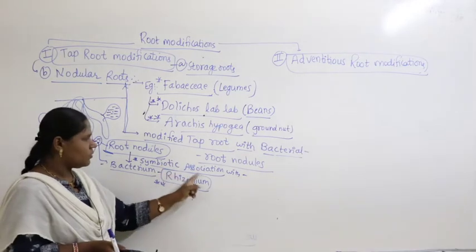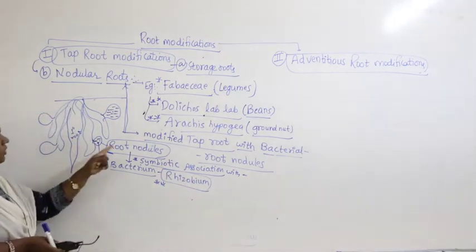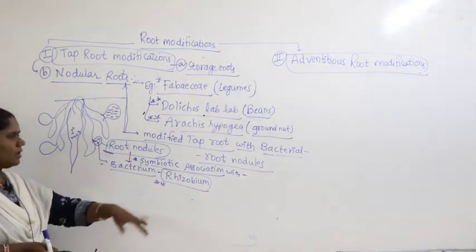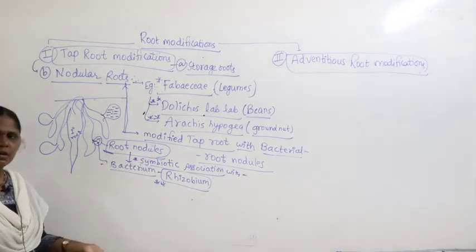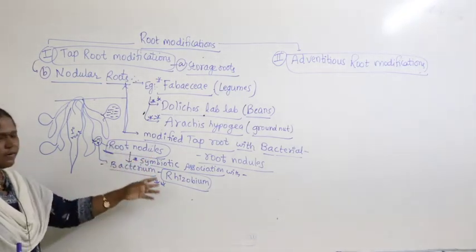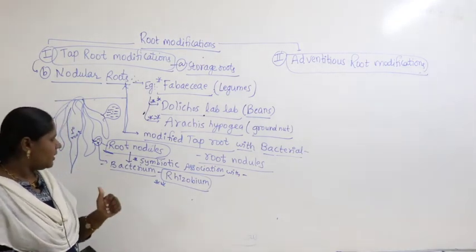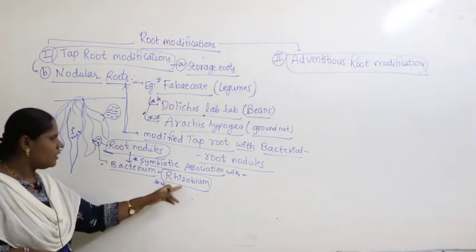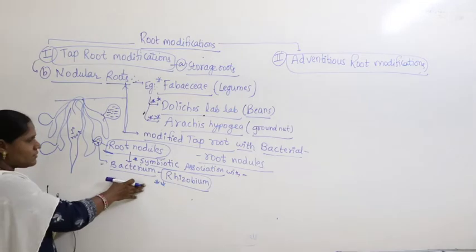Then how do you think the root nodule is benefited from Rhizobium? And how is Rhizobium benefited from the root nodule? What is the benefit here? If there is no benefit, both will obviously not associate together, right? So what is the benefit here? Now this Rhizobium, I will repeat again, I hope you got it up to here. What is it that we have studied?